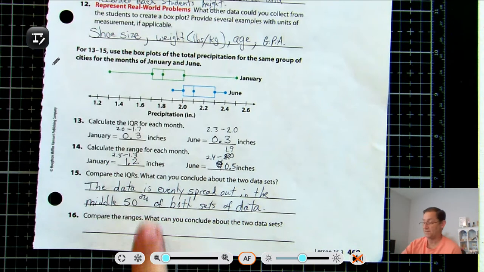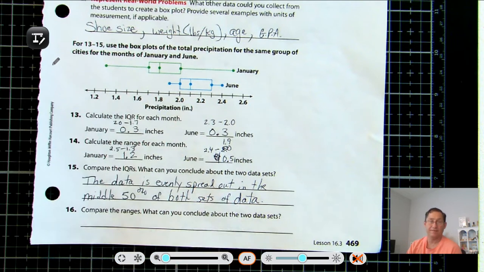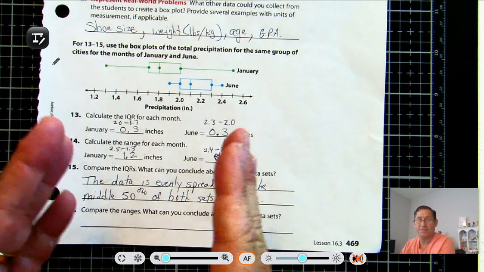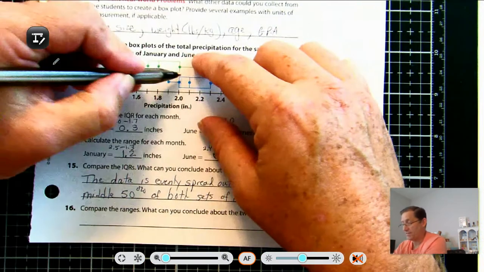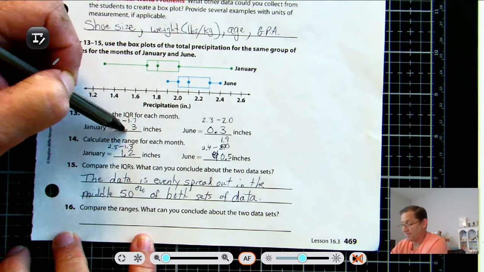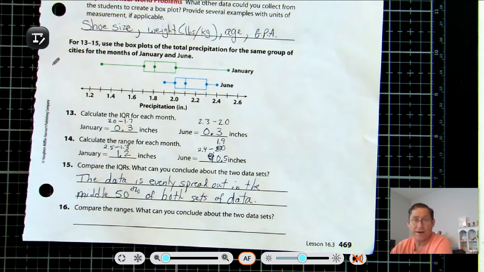Since they both have the same interquartile range, then how they're spread out in the middle 50% of the data, remember the box makes up 50% of the data, the difference is 0.3 in both of them, so they're evenly spread out.